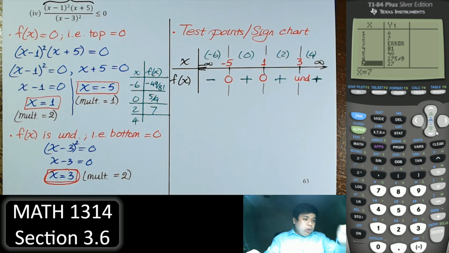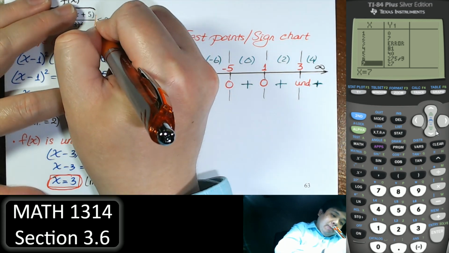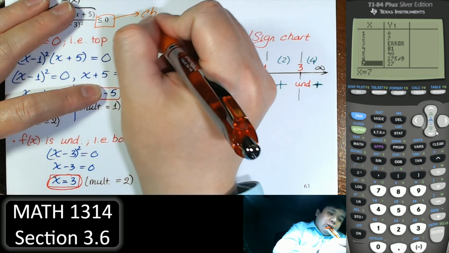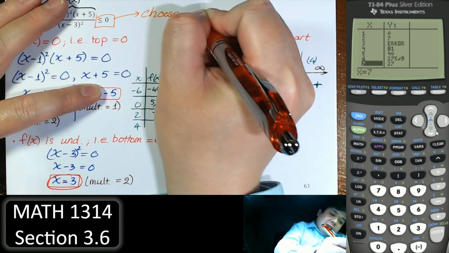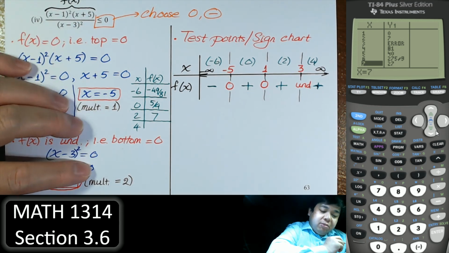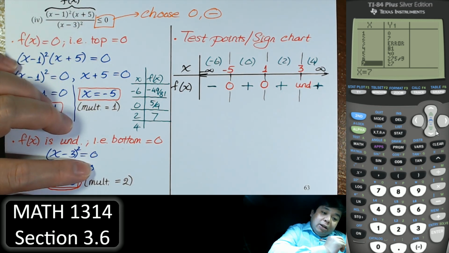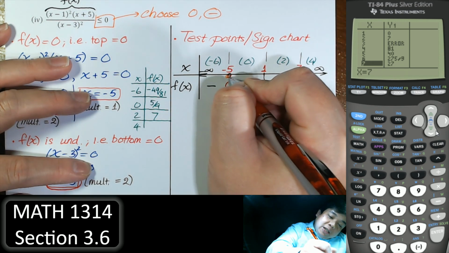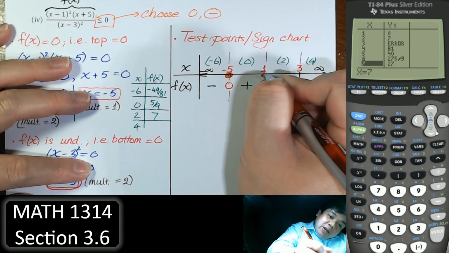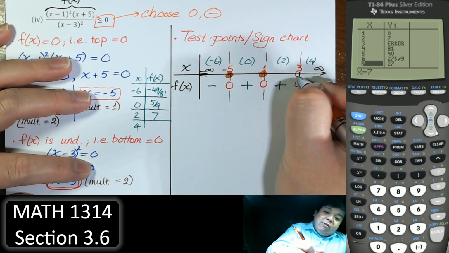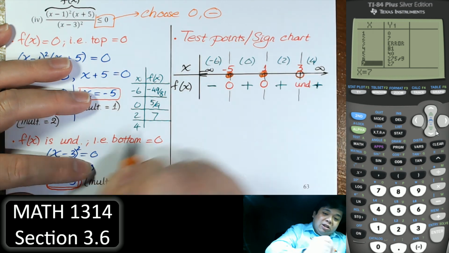Right, what do we choose? Less than or equal to 0, meaning we're going to choose 0, and then we choose negative because less than 0. First choose 0. You can choose 0 here, you can choose 0 here, because that's where the function equals 0. We can never choose anything that makes the bottom equal to 0, because the function is undefined.